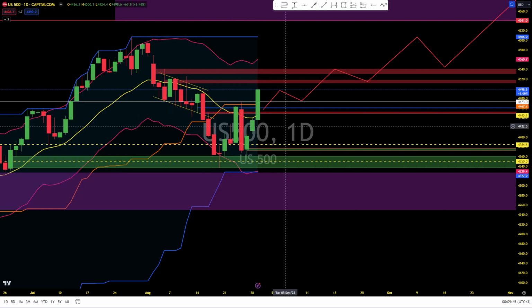Because if it closes below the two middle lines, it basically gets the ball back into the hands of the bears, where there's more likelihood that the path will continue down, even if eventually it goes higher again. But in the short term, the path down is more likely to continue if we close below this.